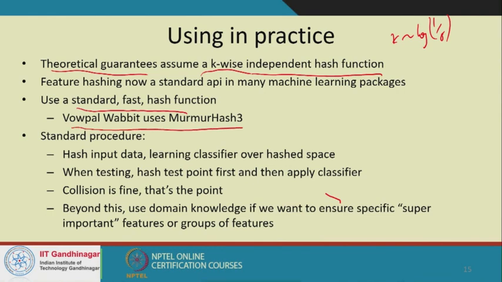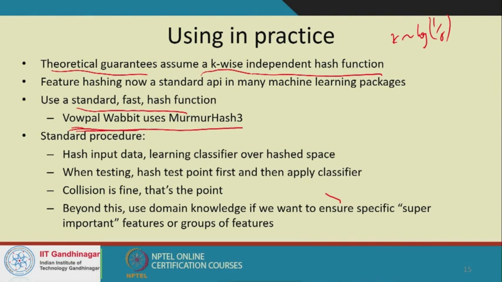But basically the idea is that given that practical data is not entirely adversarially chosen, you don't really have to guarantee perfect randomness in your hash function. It's enough to choose a practical fast hash function. For instance, there's a particular software called Vowpal Wabbit that actually implements this.